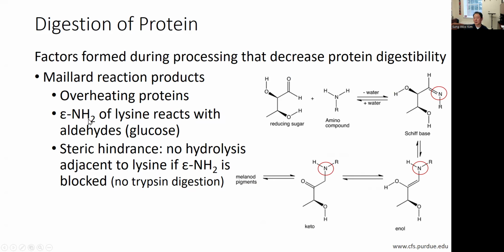They'll make a bond with an aldehyde, which is the glucose. Aldose, actually. Glucose is one of the aldoses, and it will make a connection.